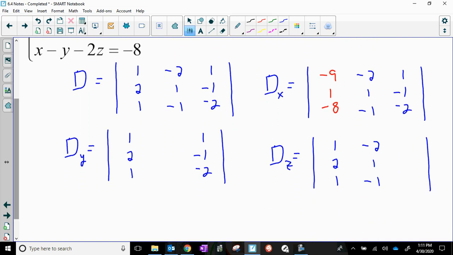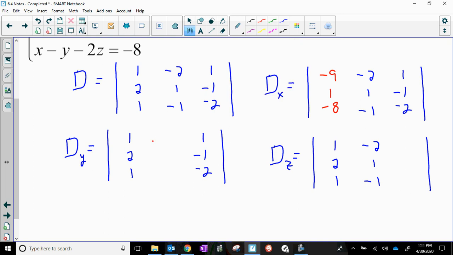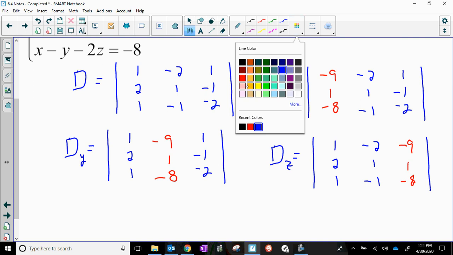And I'm going to replace those with the constants. And I can see those in my Dx matrix, negative 1, negative 9, 1, negative 8. Now the next thing I would have to do is calculate each one of these.